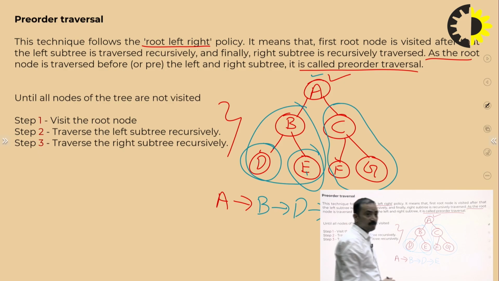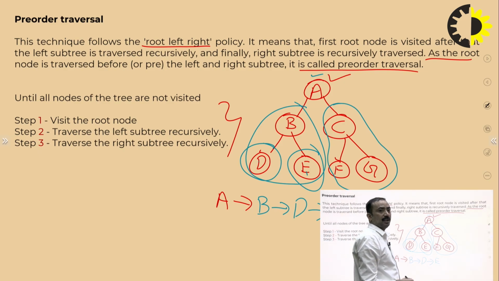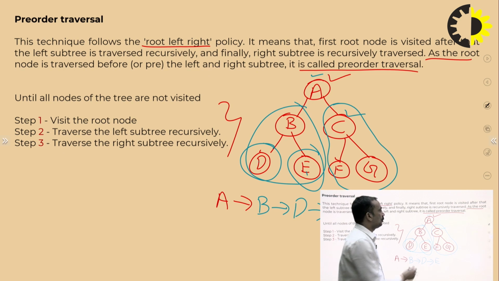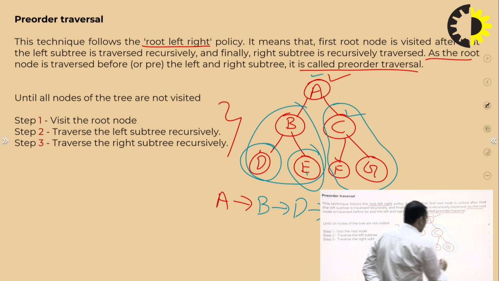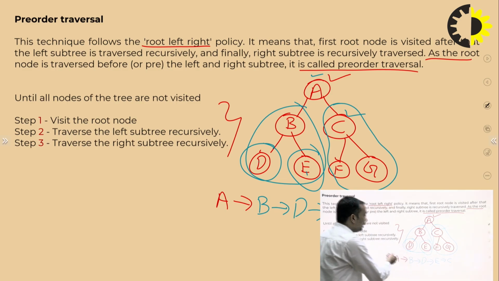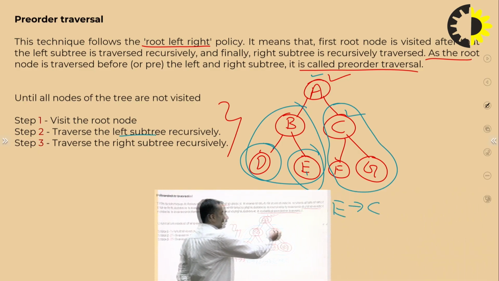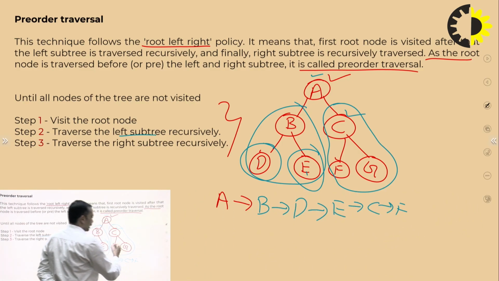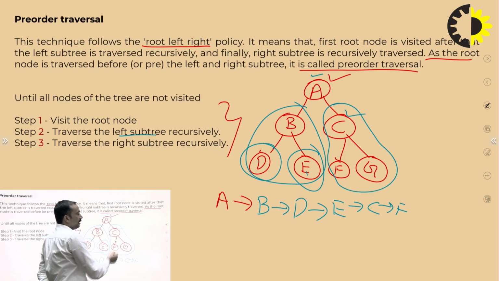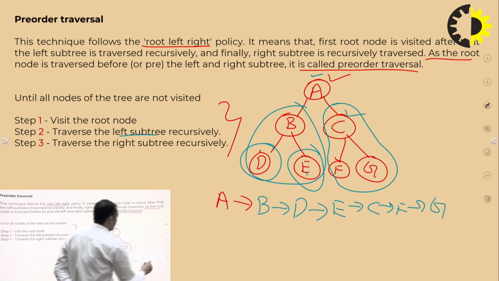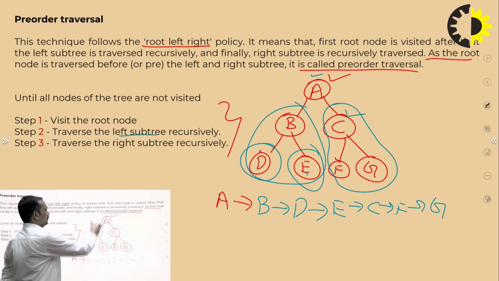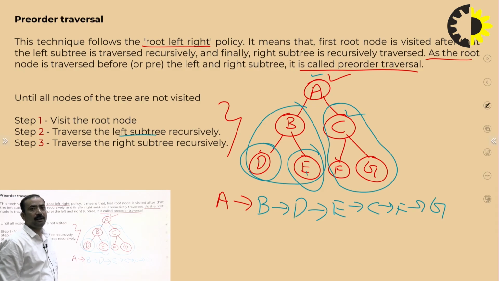Now we have to visit the right subtree, which is the subtree C, F, G. The root node of this subtree is C. Then the left subtree of C is F; we check the children of F, and there are none. Recursively moving back to C, we visit the right child of C, that is G. So this is pre-order traversal of a binary tree, a simple example.